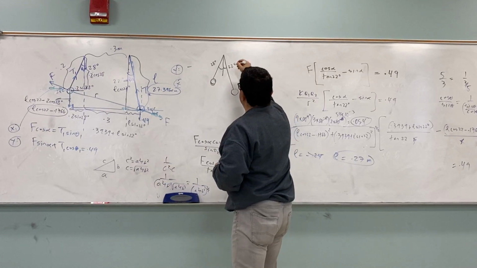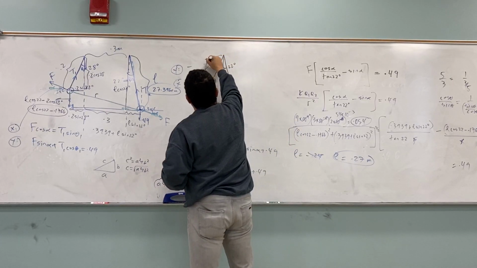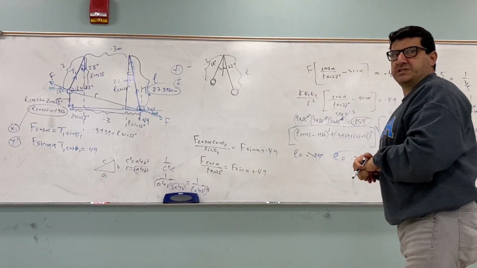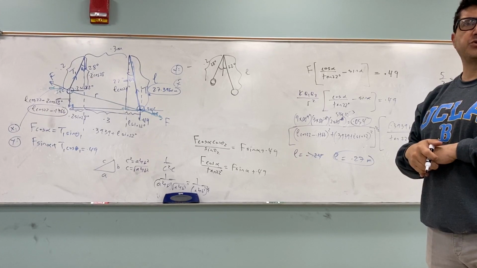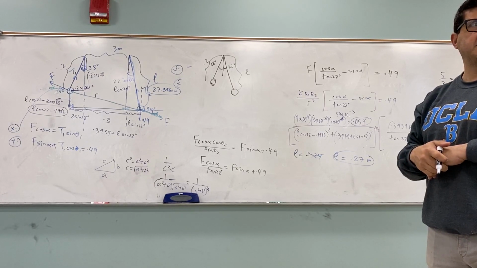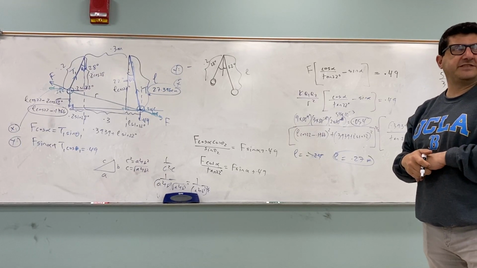And now ask, what's the length of this? Should it be longer than 27 or shorter than 27, if the strings were pivoted at the same point?